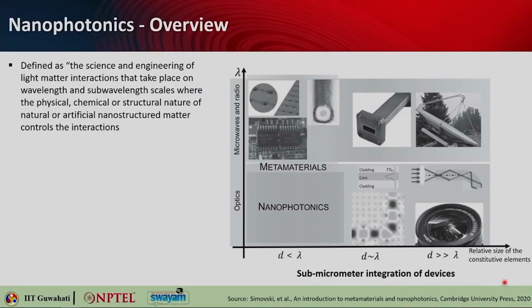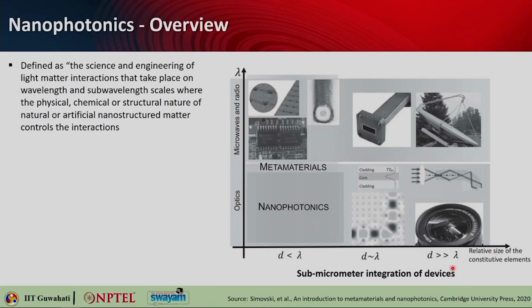So going ahead, let us quickly have an overview of nanophotonics. If you look into this particular figure where we discussed the relative dimension of the devices when compared to the wavelength, this is the wavelength axis. Smaller wavelength typically is the optics area, and larger wavelength will be the microwave and radio waves.